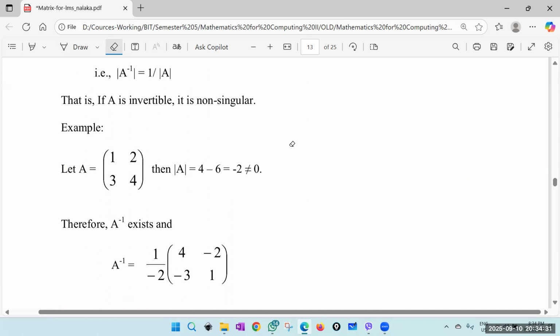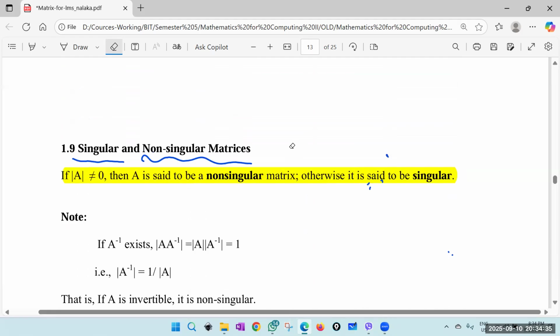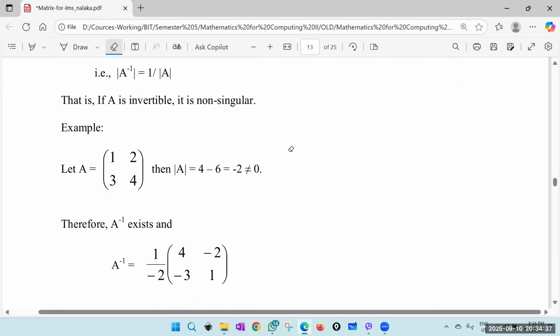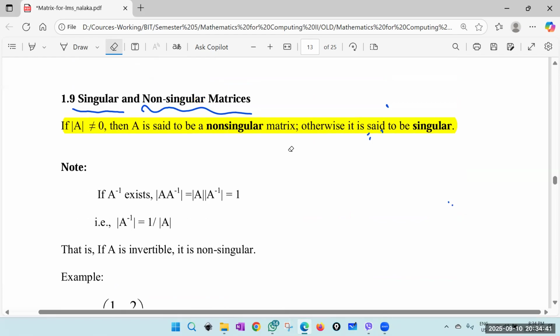That means only square matrices we are interested in. So how do you know whether a matrix has an inverse? The simple answer is if its determinant is non-zero, it has an inverse. If its determinant is zero, it doesn't have an inverse. Simple as that.